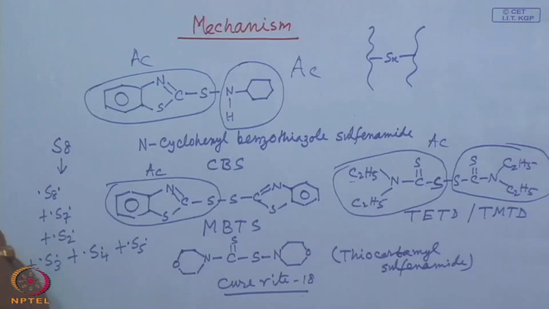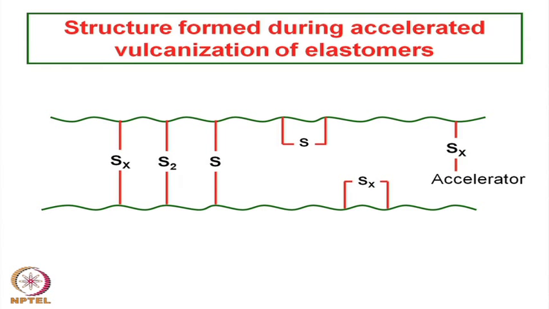So, that can break into polysulfides or monosulfides or even sulfur radicals like this, that lead to forming polysulfide, disulfide, monosulfide, some cyclic sulfide and cyclic monosulfide, cyclic polysulfide and some polysulfide accelerator complex. So, this is the nature of the cross-link in the vulcanized rubber product.